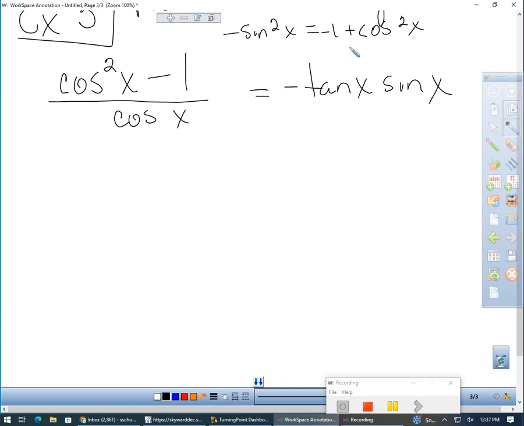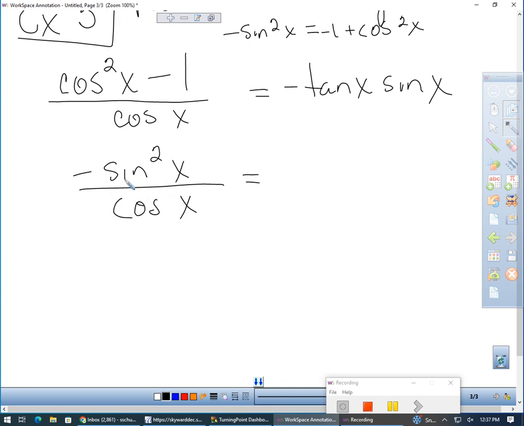Now we can change the top into what? Yeah. So let's change the top line into negative sine squared x over cosine x. Does this match what we have on the right yet? No. We do now have a negative, though. We see that the negative is there.